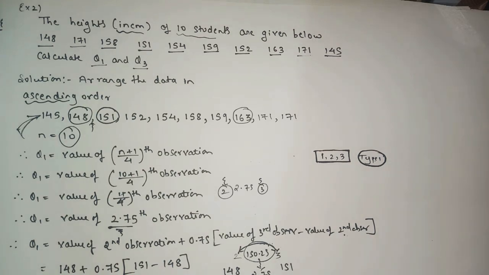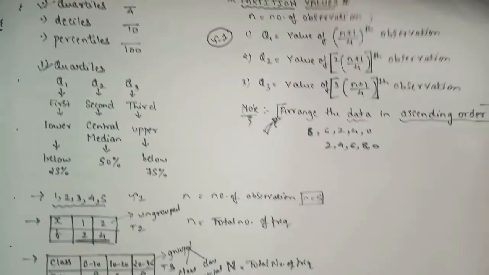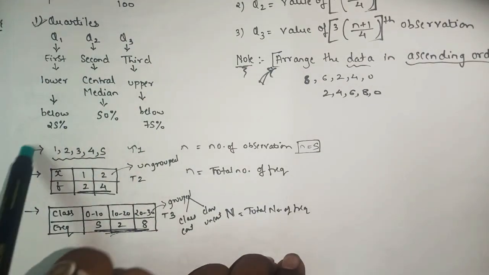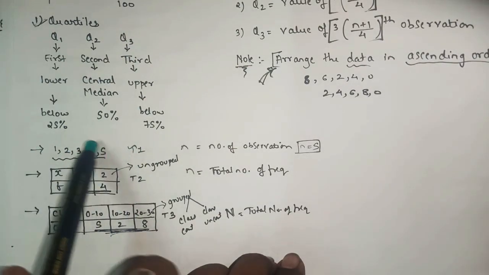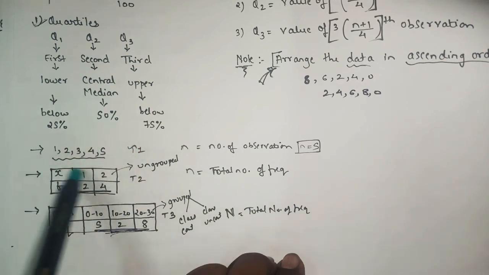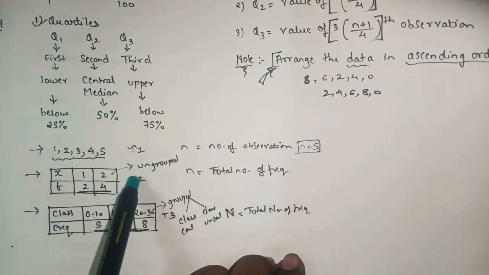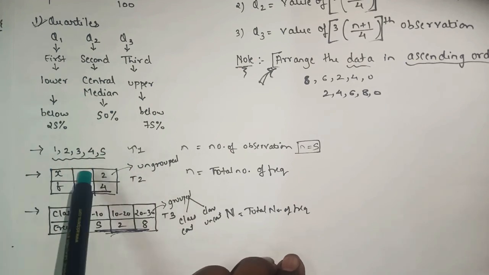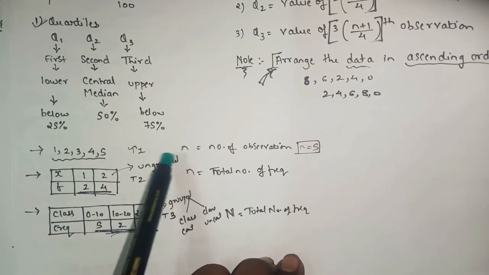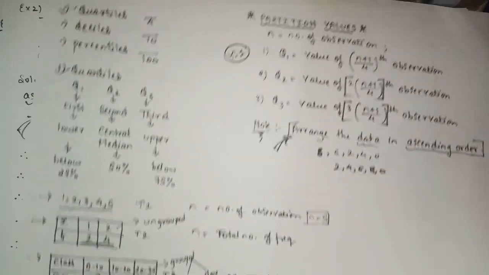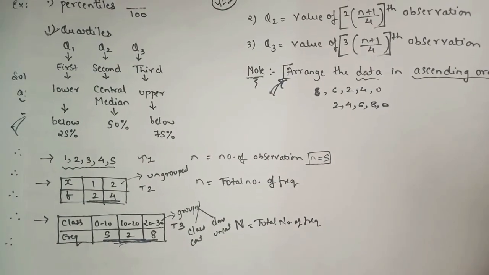As I divided the first exercise into three types, in type number 1 you will see numbers like this, where we have to arrange the data in ascending order. In type number 2, you will see a box where you will have an ungrouped class, and in the third type you will see a grouped class. So like that I divided the exercise into three types.